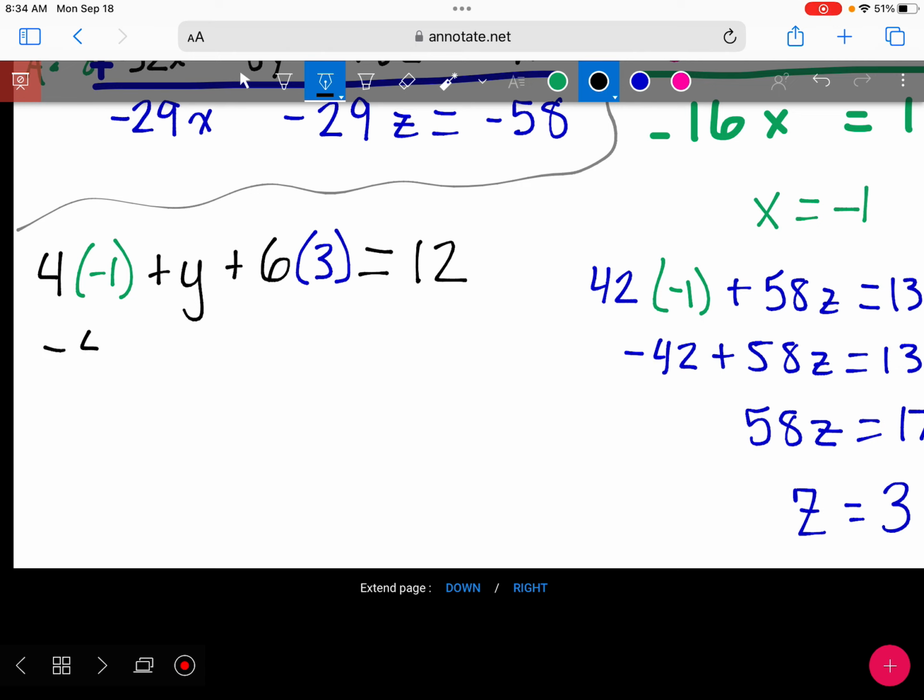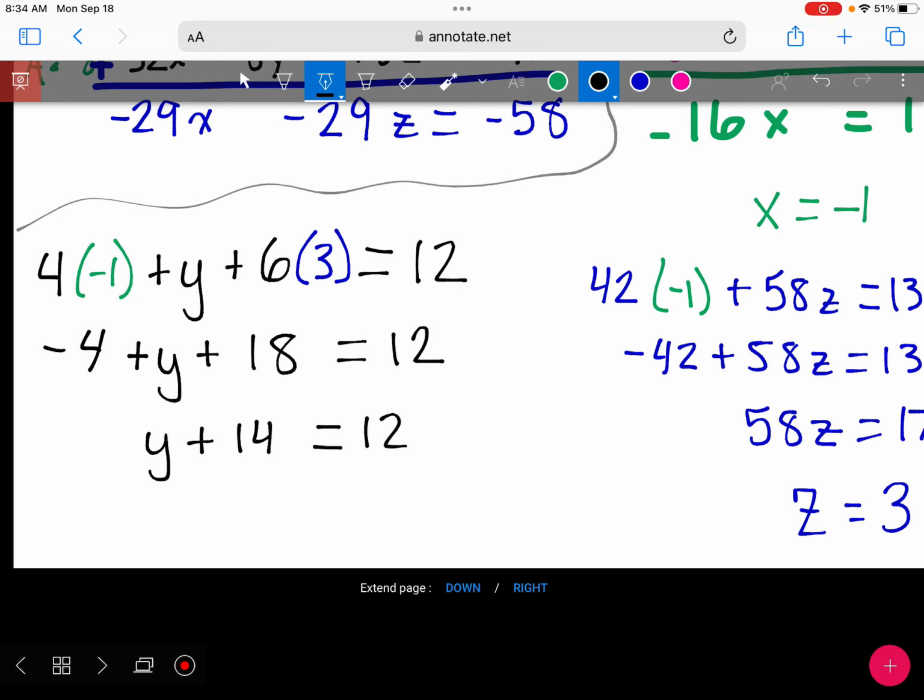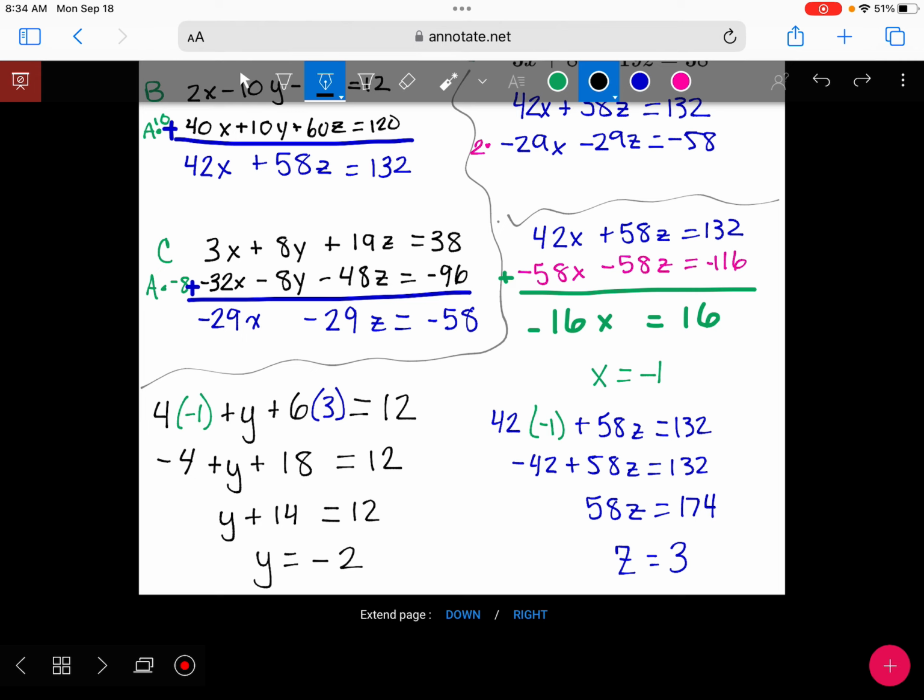To get negative 4 plus y plus 18 equals 12. So y plus 14 equals 12. And what does y equal? Negative 2. So our solution for this 3-variable system is negative 1, comma, negative 2, comma, 3.